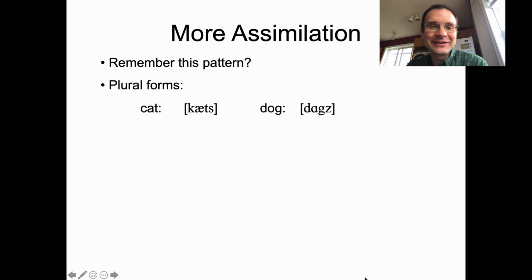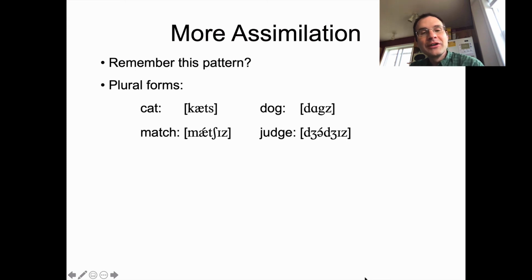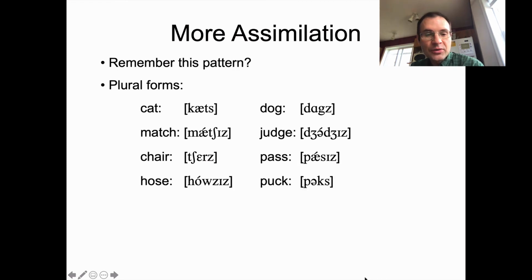Let's see if you can discern this one. So if we have a word cat, we can make a plural form out of it by saying cats. If we have a word like dog, then we can make it plural by saying dogs. Or we can go from match to matches, judge to judges, chair to chairs, pass to passes, hose to hoses, puck to pucks, so on and so forth.